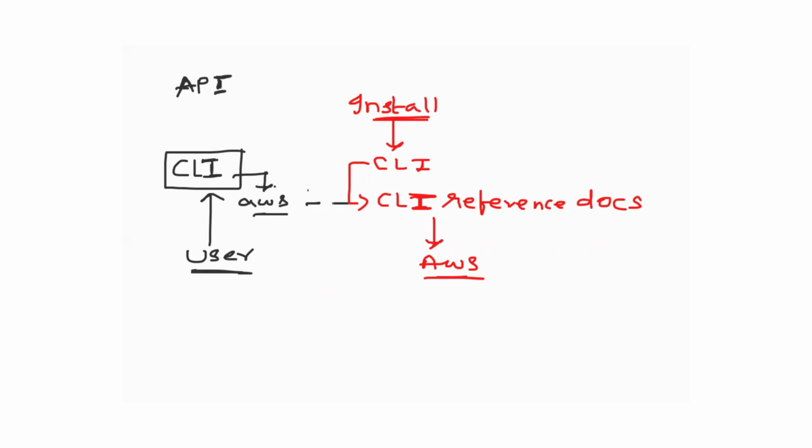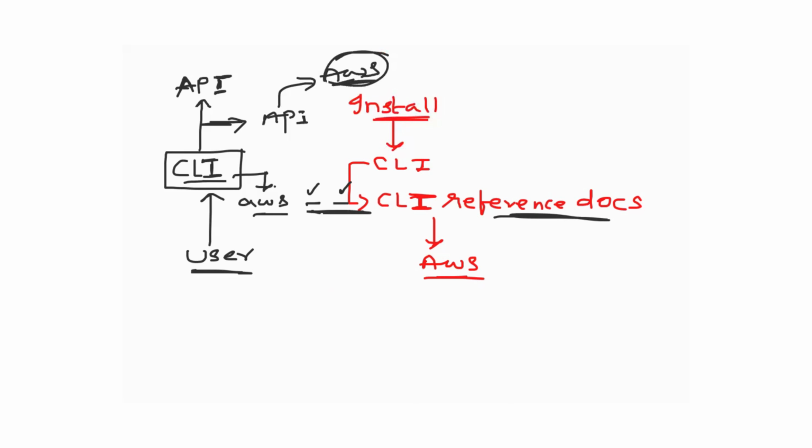If you want to create a VPC, if you want to create S3 buckets, whatever it is, from AWS reference documentation you will understand these things and submit that to the AWS CLI. What AWS CLI does is translate your request into an API call that AWS understands, and AWS creates these resources for you, right? So it is making our life easy.